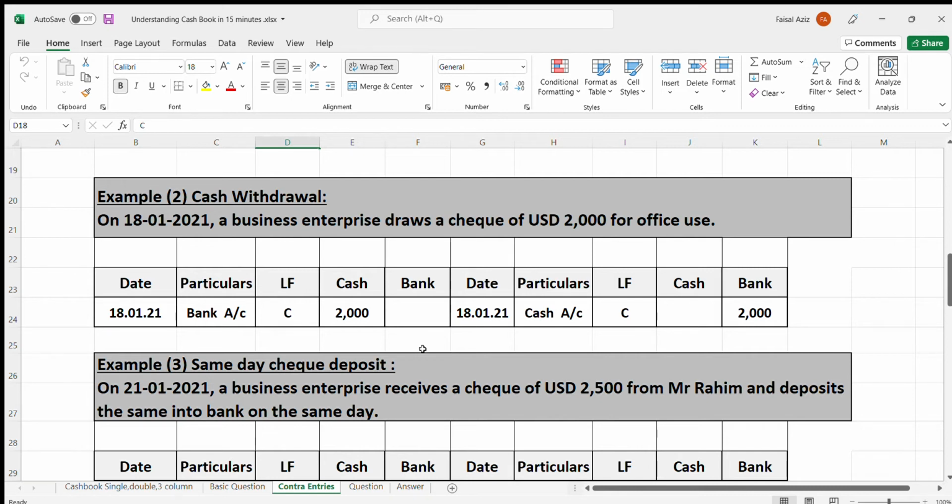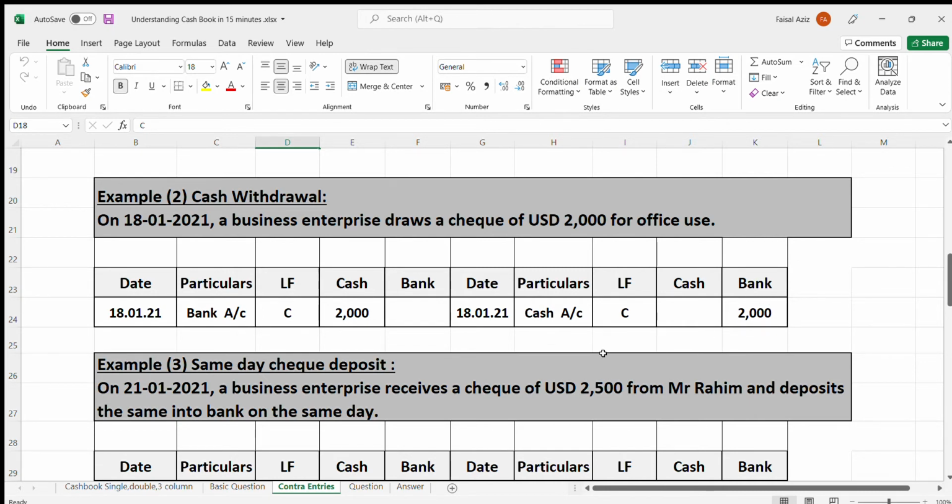In the particular column we will write the bank account and we will show this amount in the cash column because the money is taken out from the bank and now it is held as cash in the office. So the left side shows an increase in the cash and on the right side we need to mention 2000 in the bank column. It will mention that the money from the bank account is withdrawn.